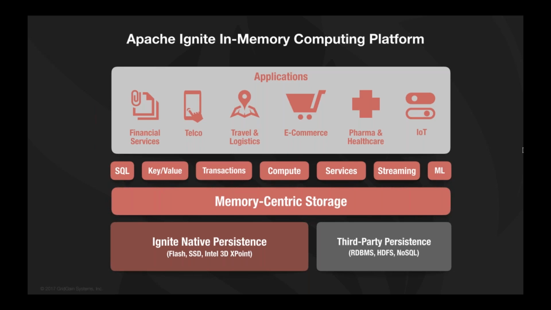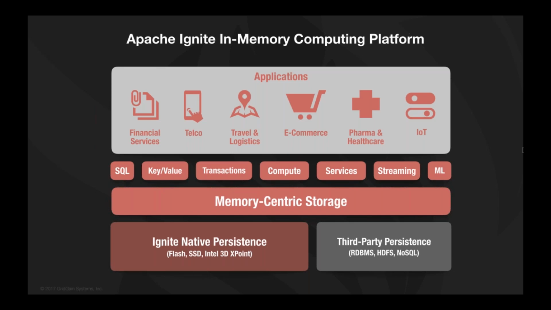And the memory-centric storage implies that if you enable persistence, then all the data will be stored on disk for the sake of durability. But at the same time, you can store the full copy of data or a subset copy of the data in memory, depending on your resources.